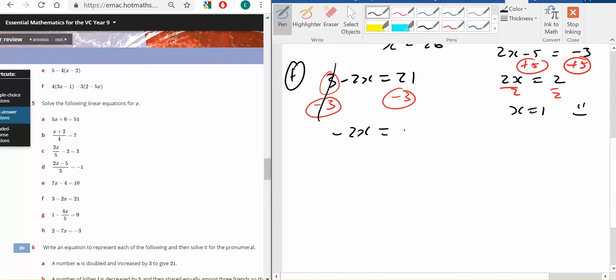If I take 3 from 21, I get 18, positive 18. Then I divide both sides by negative 2. So x equals 18 divided by negative 2, which is negative 9. If you don't know how to do this in your head, do it in the calculator, please. I don't want anyone getting it wrong because they did something wrong in their head.